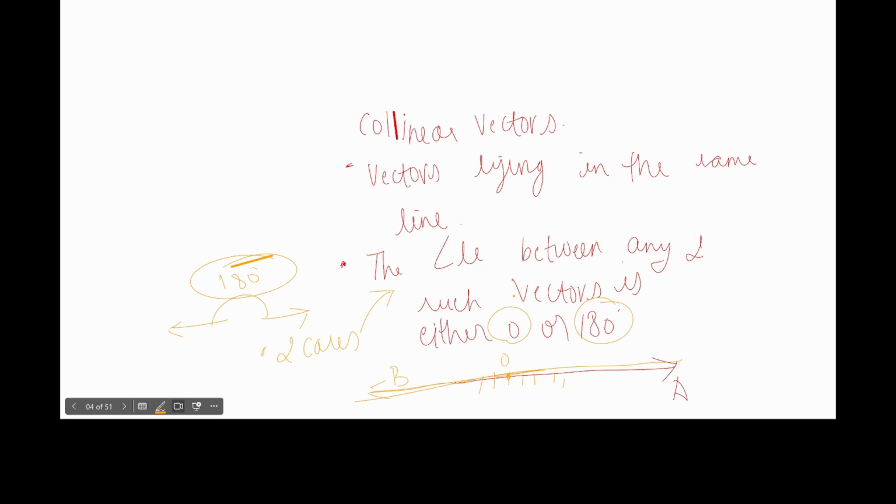So, moving on to another type of vectors. These vectors are called coplanar vectors. When I say coplanar vectors, all those vectors which lie in the same plane are called coplanar vectors.